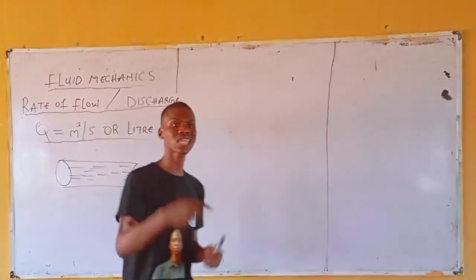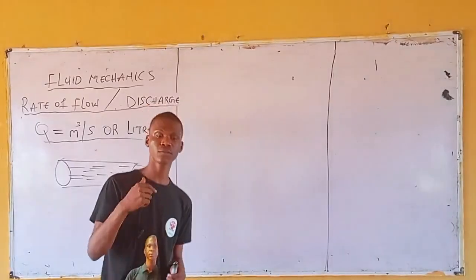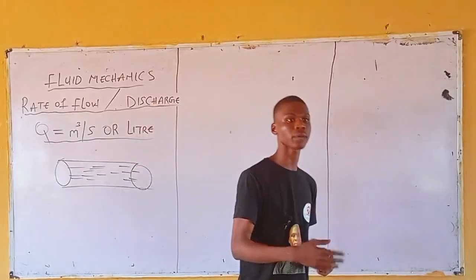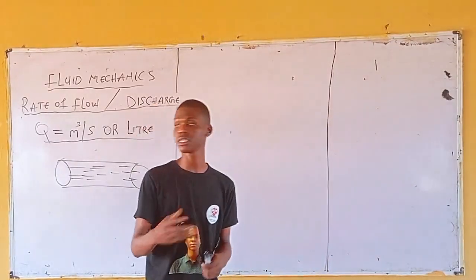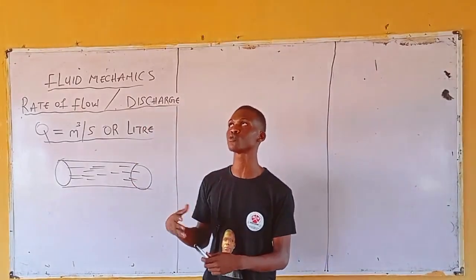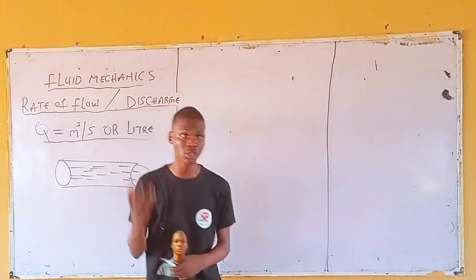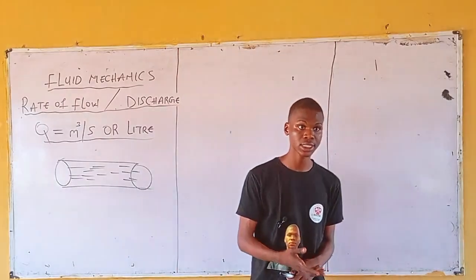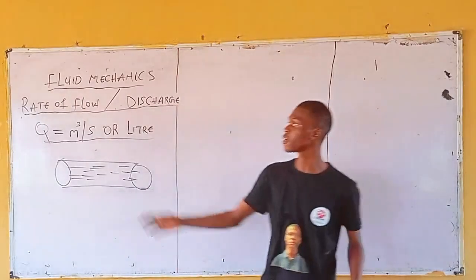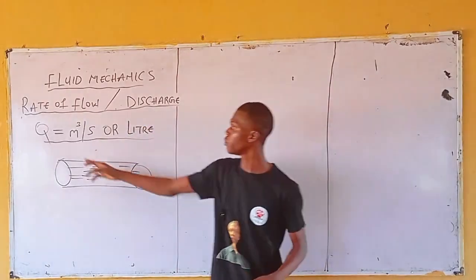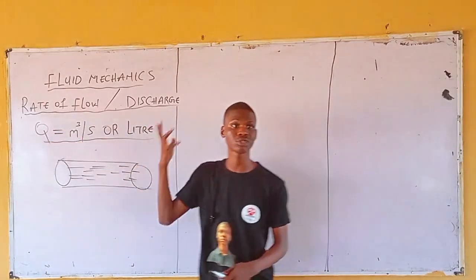Now, we want to determine the quantity of this fluid with respect to a particular time. Let's say the fluid is flowing for 5 seconds. For 5 seconds and 10 seconds, the quantity will be different, right? By rate of flow or discharge, meaning this Q, you'll be able to determine it.